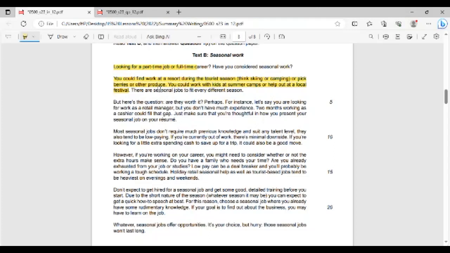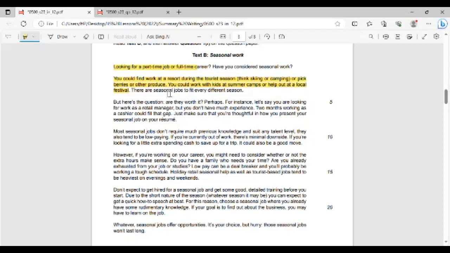And the third point is that there are seasonal jobs to fit every different season, meaning there are different types of seasonal jobs. But most importantly, these seasonal jobs can be custom made, meaning they are relevant for every season. I mean that in every type of season, you find a type of seasonal job that is relevant to that season.